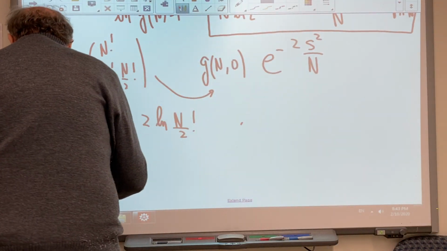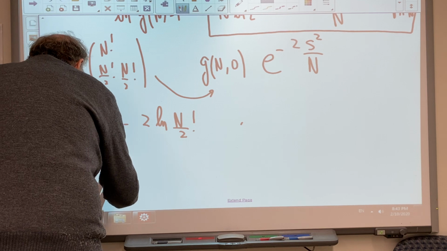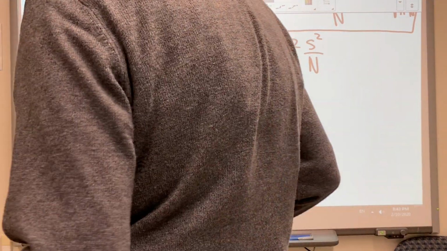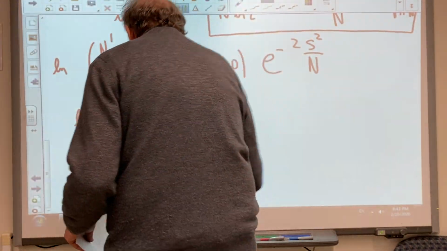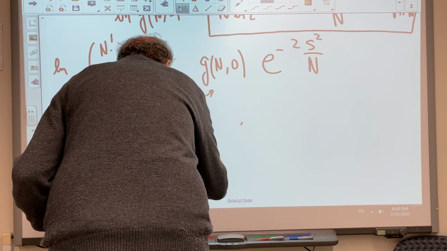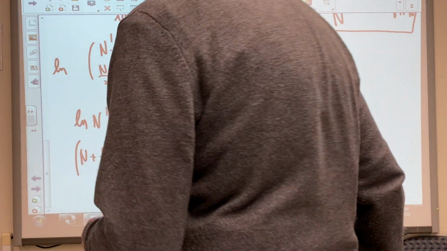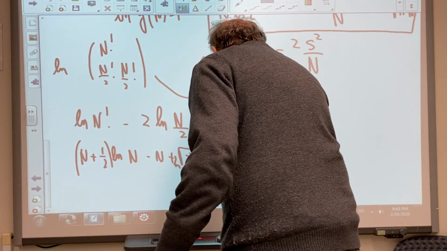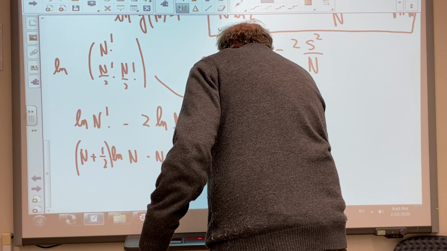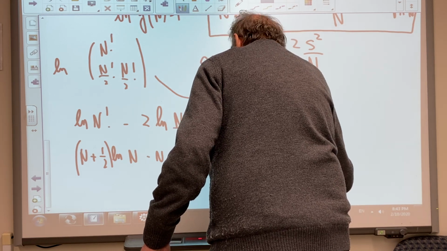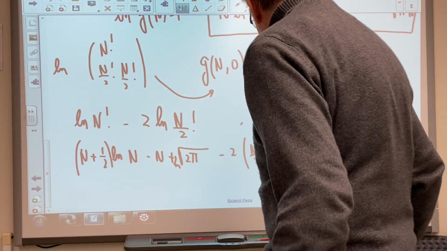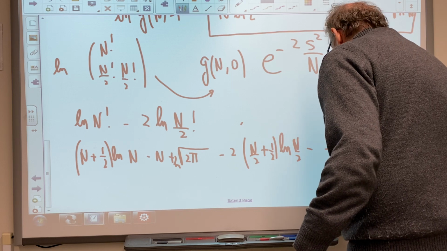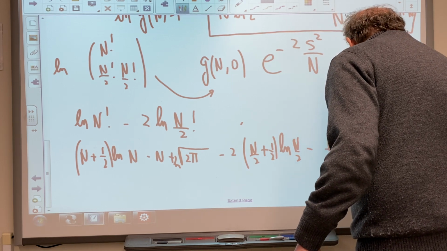That is n plus 1/2 ln n, and now I am not expanding in s because there is no s there, minus n plus logarithm of square root of 2 pi, minus twice n over 2 plus 1/2 ln n over 2 minus n over 2 plus logarithm of square root of 2 pi.